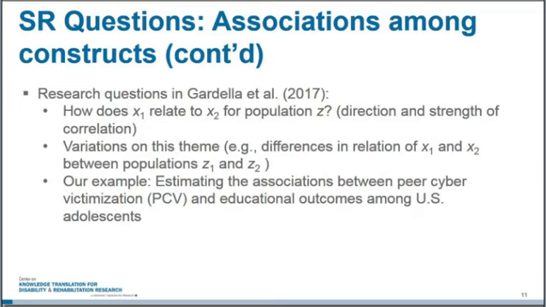So for example, we might have a systematic review question that asks how does some construct X1 relate to some other construct X2 for some set of populations, or some variation on that theme.